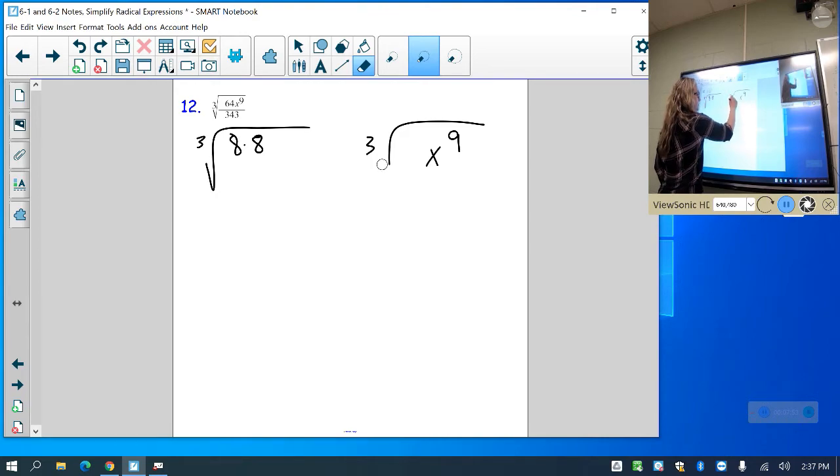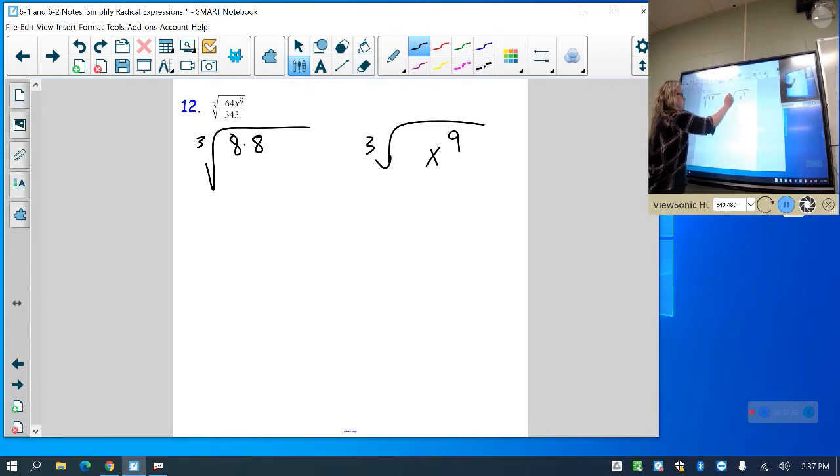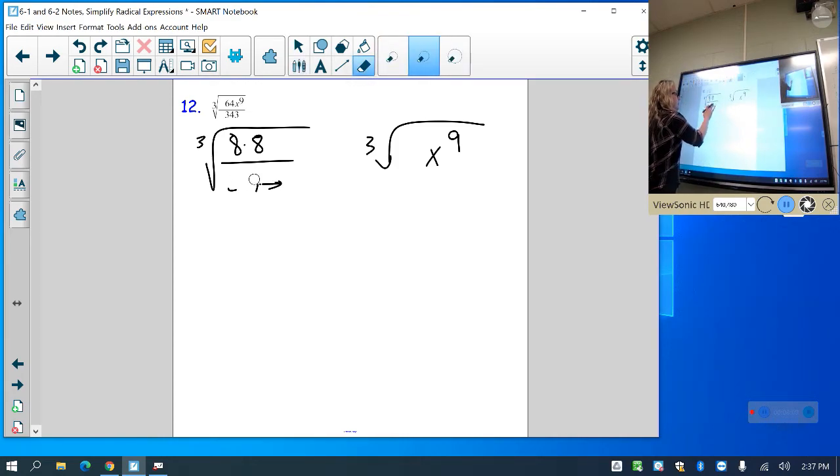All right, so 8 and 8, and I have 343. So I'm just splitting up my variables, and I'm splitting up my numbers so that I can break them down. 343 is 7 times 49, so I'm going to change that to save a little time. I'm breaking down 343 into 49 times 7.